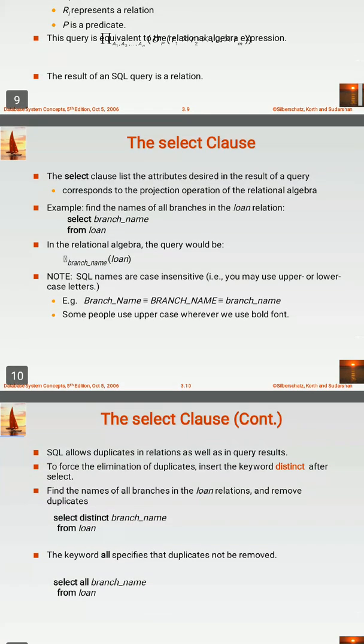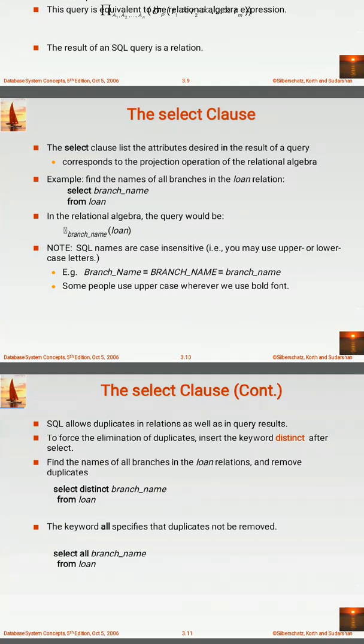Now let's move to the select clause. The select clause lists the attributes desired in the result of a query and corresponds to the projection operation of the relational algebra. For example, find the names of all branches in the loan relation: select branch_name from loan.